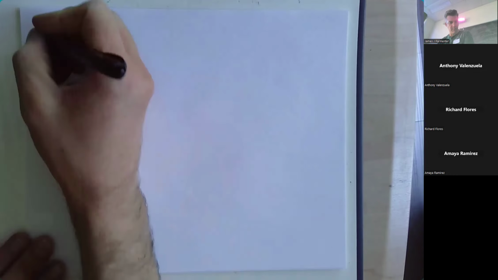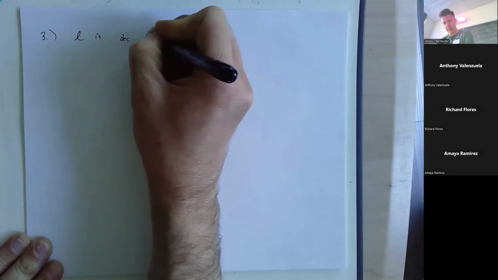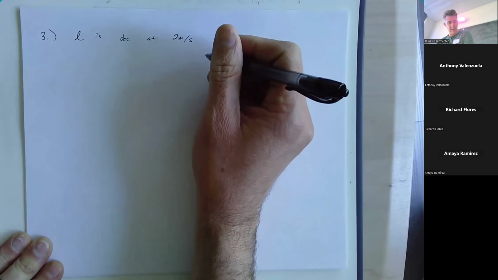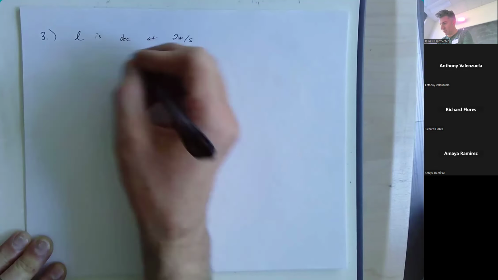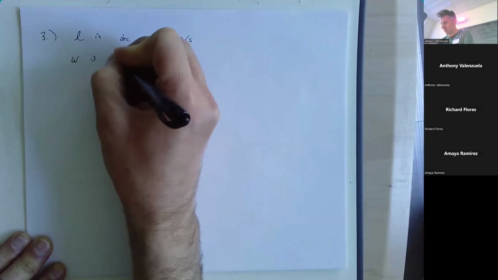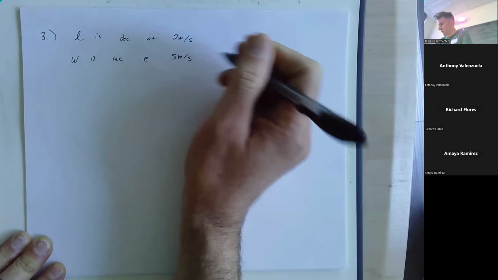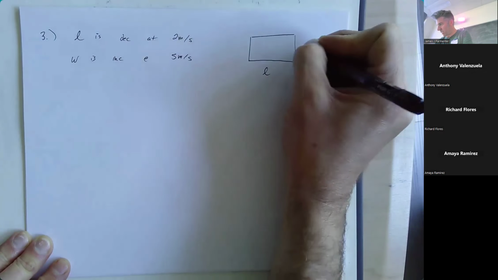The length L of a rectangle is decreasing at the rate of 2 meters per second. Problem 3. So L is decreasing at 2 meters per second, while the width W is increasing at 5 meters per second. This is for a rectangle, right? So we have the length and the width.